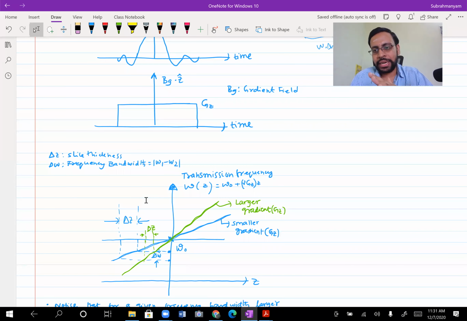So with smaller gradients, is the slice thickness from which I am going to acquire the images going to vary or not? If I'm increasing GZ, is the slice thickness from which I'm getting the response increasing or decreasing? That's a very important aspect here.